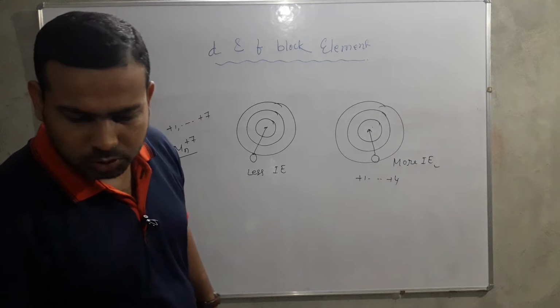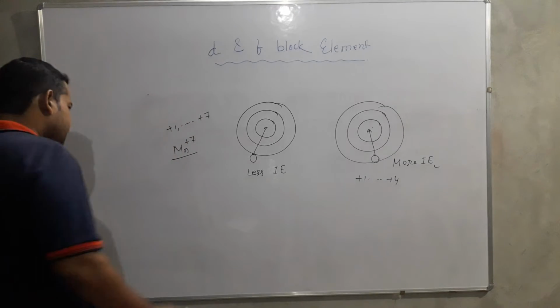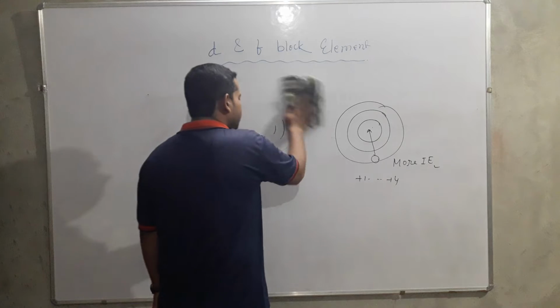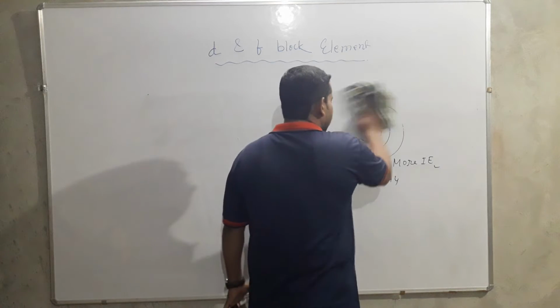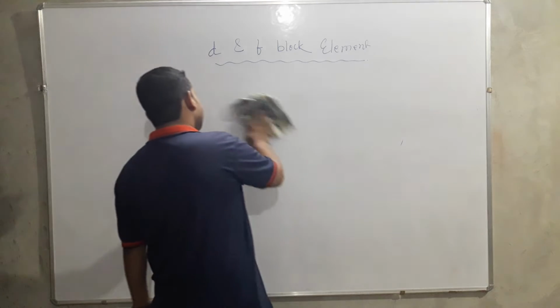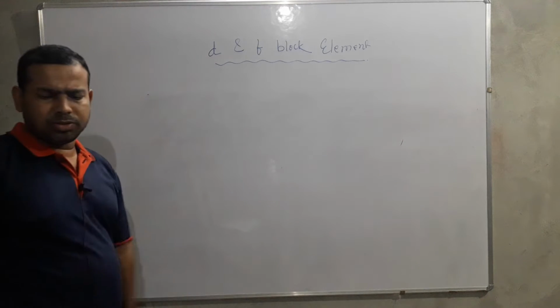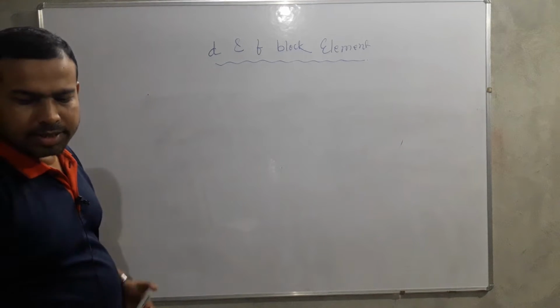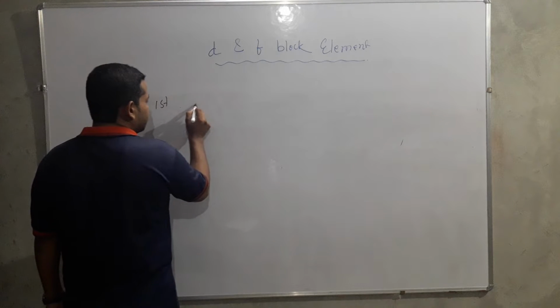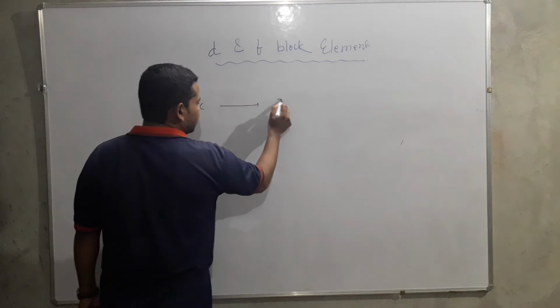So in the d block series, the first row, second row, and third row transition elements are divided into basically three categories. The first row is scandium to zinc.